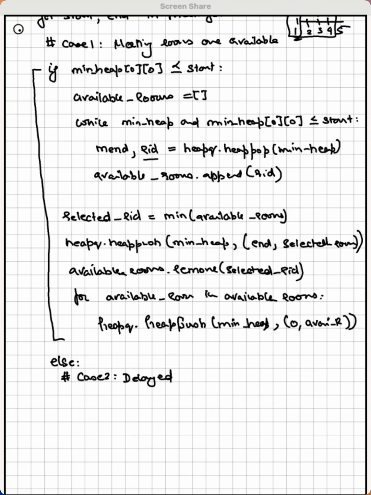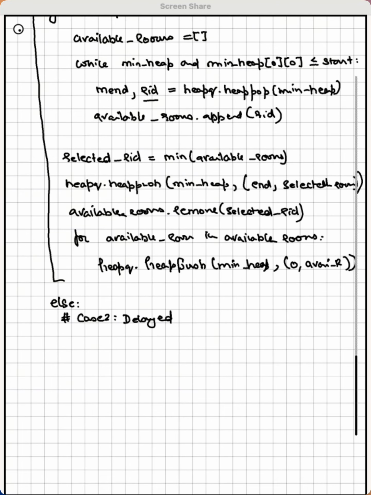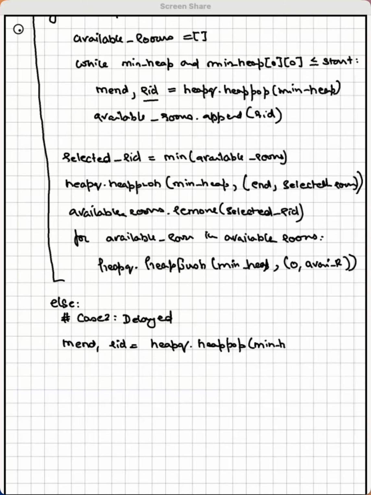So let's look at the delayed part. Here what I want to do is pick the one which is ending the earliest, and so I say heapq.heappop of min heap, and I do it just once, and then we say this is going to be my selected RID.